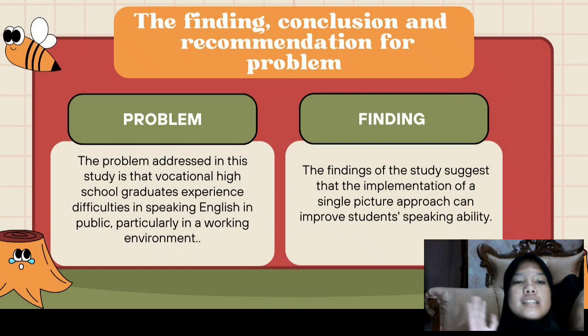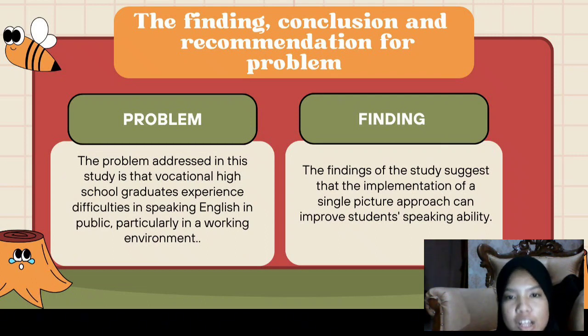Okay, the next I will explain the problem, finding, conclusion, and recommendation. Okay, the first problem. The problem addressed in this study is that vocational high school graduates experience difficulty speaking English in public, particularly in a working environment. And then the finding of the study suggests that the implementation of a single picture approach can improve student speaking ability.